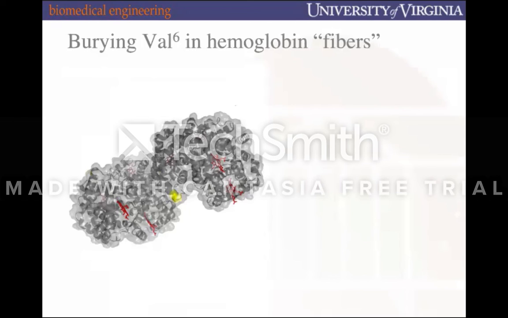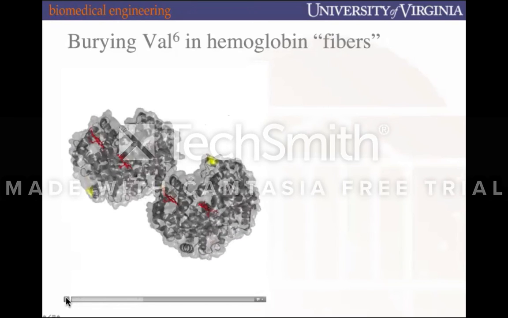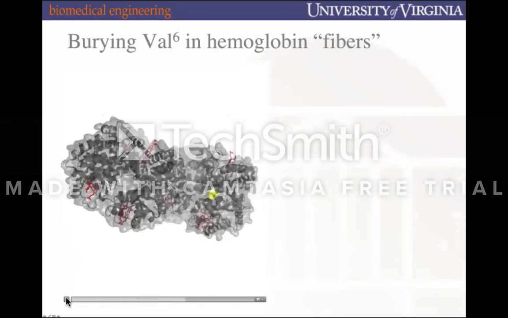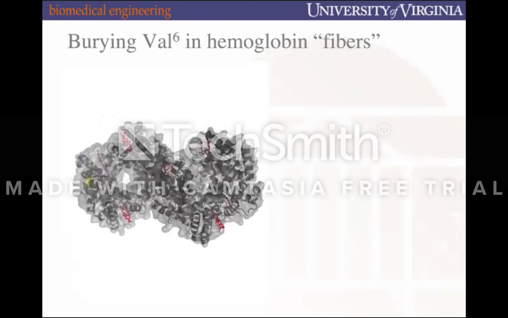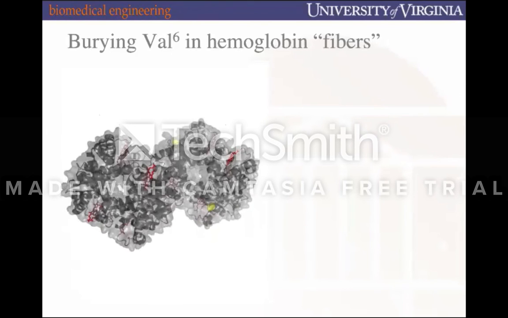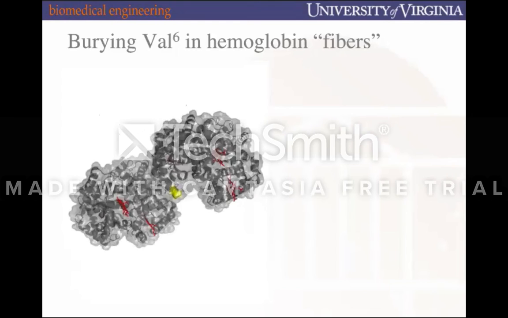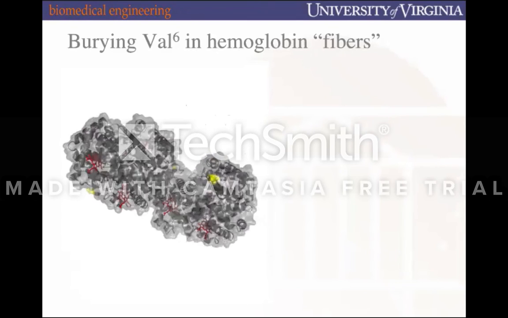It will try to bend over and embed that valine so that it's not available. But that's not the only valine in the protein. Because it bent and tried to bury that valine, there are other valines highlighted here that are now sticking out on the outside. Again, it's thermodynamically favorable to want to bury or cover that hydrophobic site.